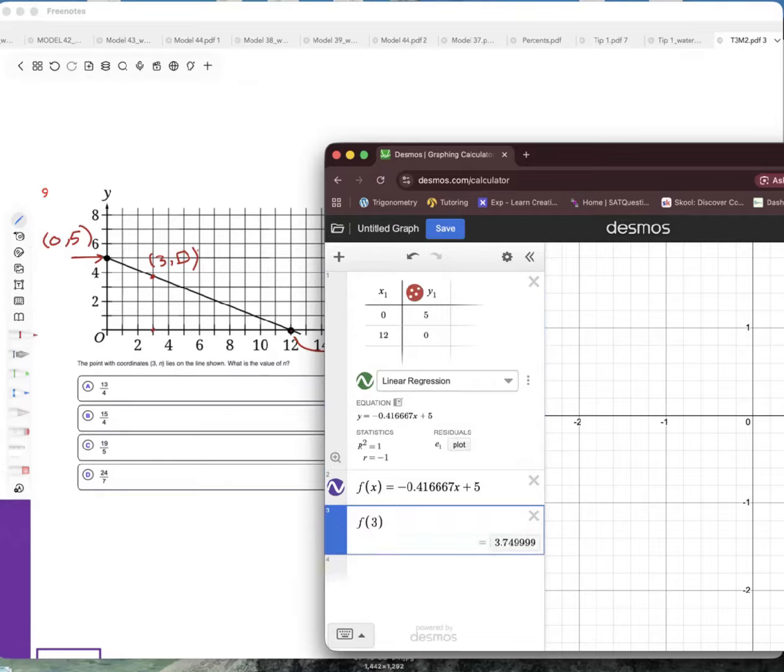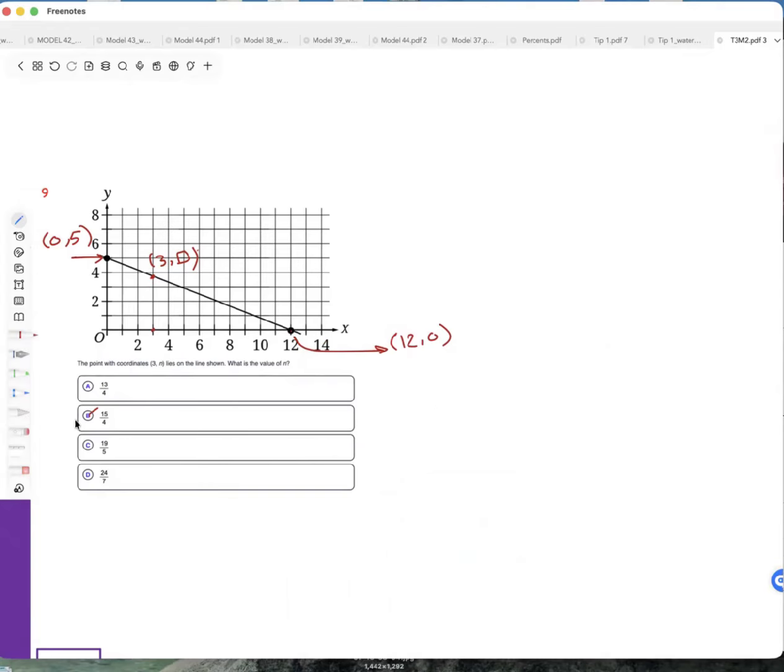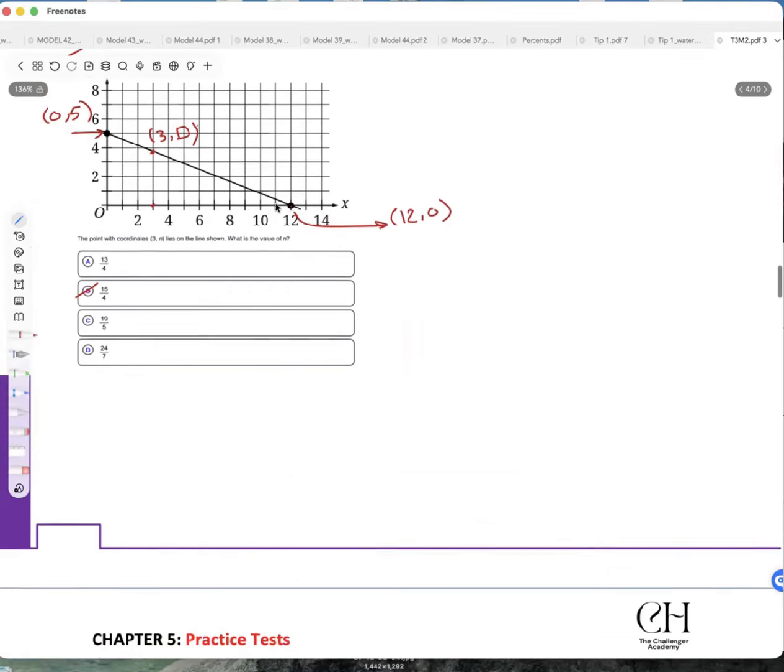So f of 3 equals 3.7499, which is approximately 3.75. Then we check the choices. 13 over 4 is 3.25, which is not correct. 15 over 4 is 3.75, and this is the nearest value, so the answer is B. So this is a question where we can use Desmos. Let's move to question 10.